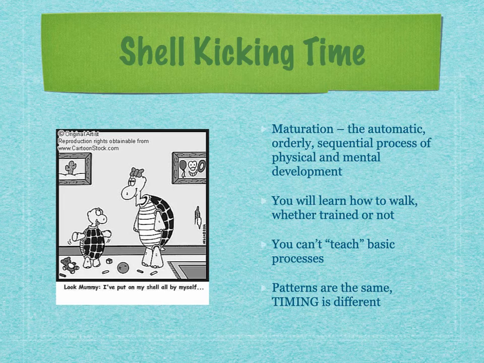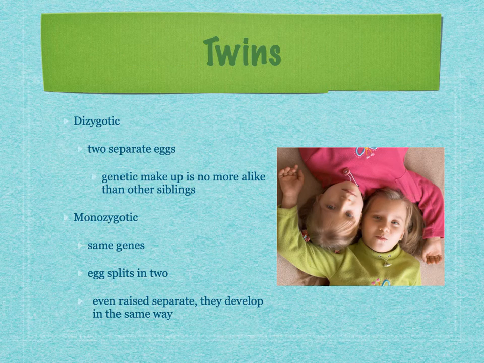One group that psychologists really like to look at are twins, and there are two types of twins. There's what are called monozygotic, right? Remember that word from the beginning, zygote. That is the cell where the sperm and egg have gotten together.